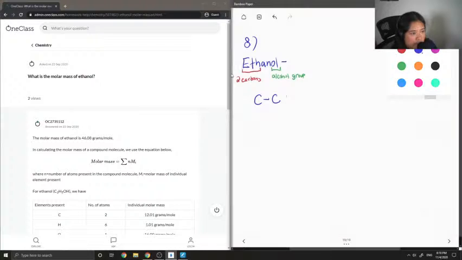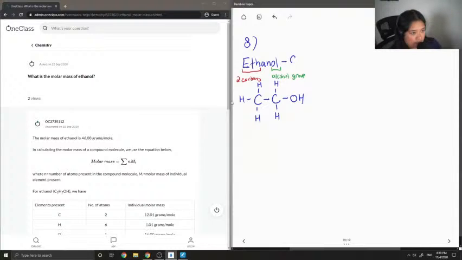So now that we know this, I'm going to draw out my OH first. And then, since carbons need 4 bonds attached to them, I'm going to fill out the rest of the bonds with just all the hydrogens. So this is the structural formula for ethanol.